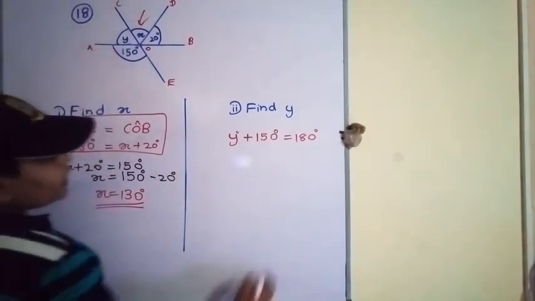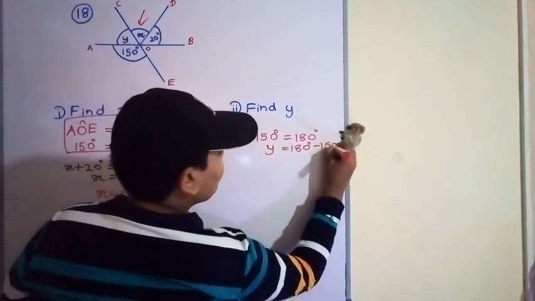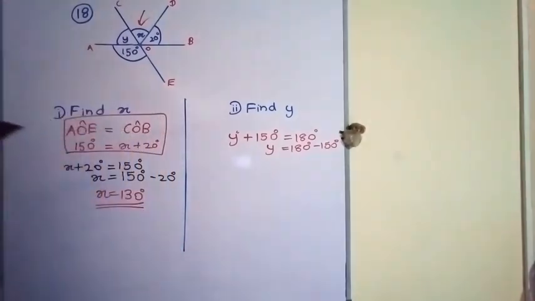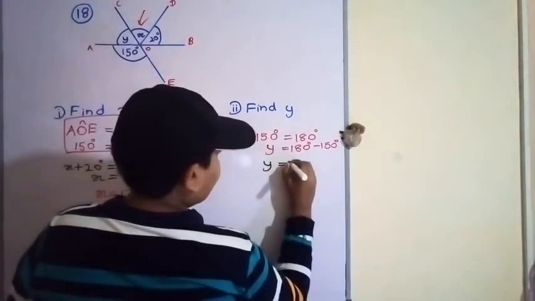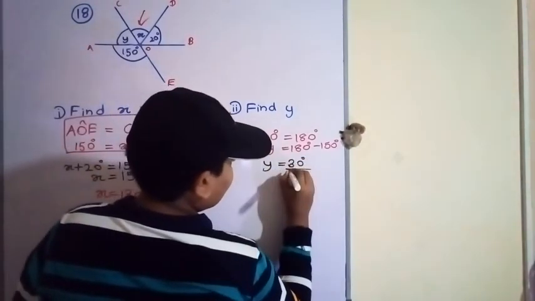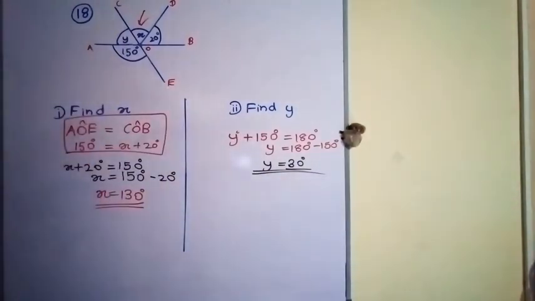Now for y you want to subtract 150 from 180. Right? Now you have the answer. Y means 30 degrees. Right? Y means 30 degrees.